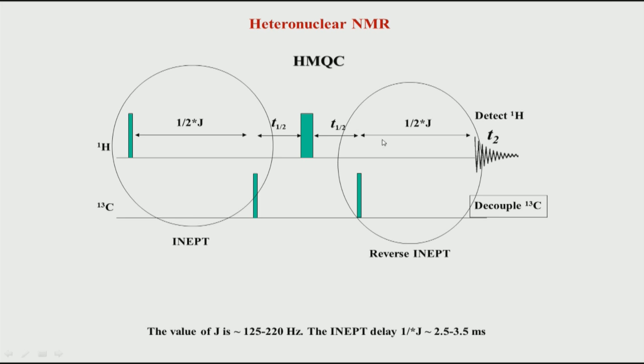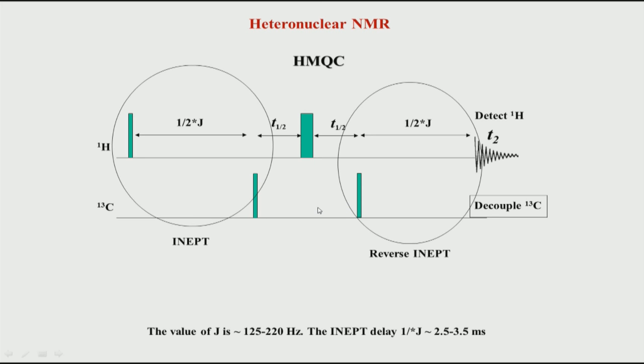Then you have a reverse transfer back like we saw in HSQC. Again, it does not look at all similar to what we saw in HSQC, but it is a polarization transfer back to proton using J coupling. So, let us call this the reverse INEPT, and in between is where the evolution or chemical shift of carbon takes place, and that is what is captured as the FID in the indirect dimension.